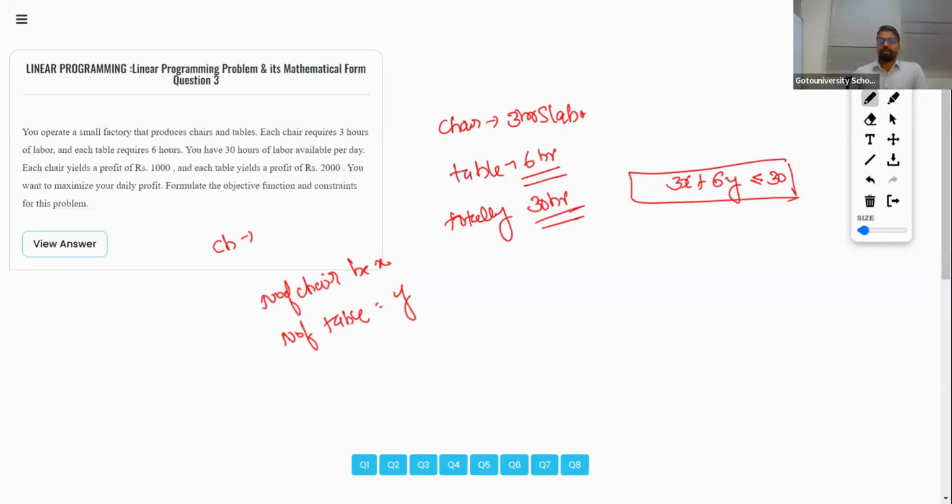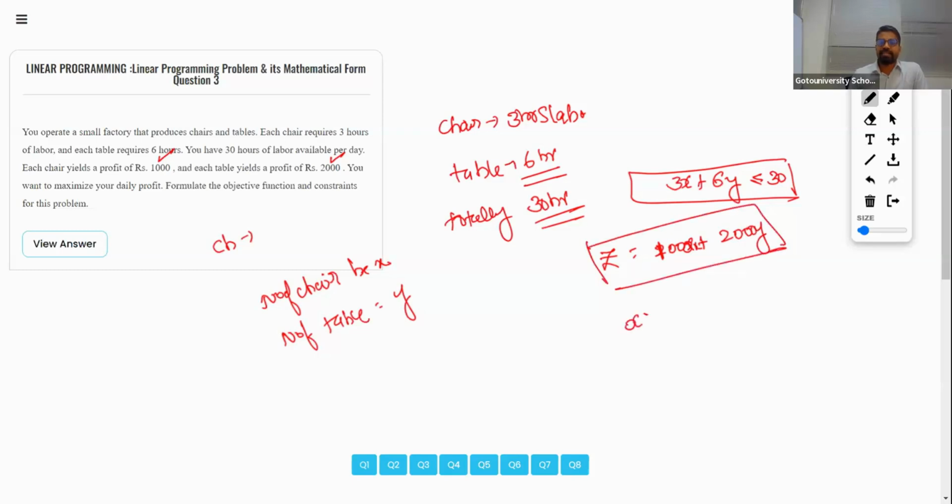The profit from a chair is 1,000, and profit from a table is 2,000. That is 1,000x plus 2,000y. That is our objective function.